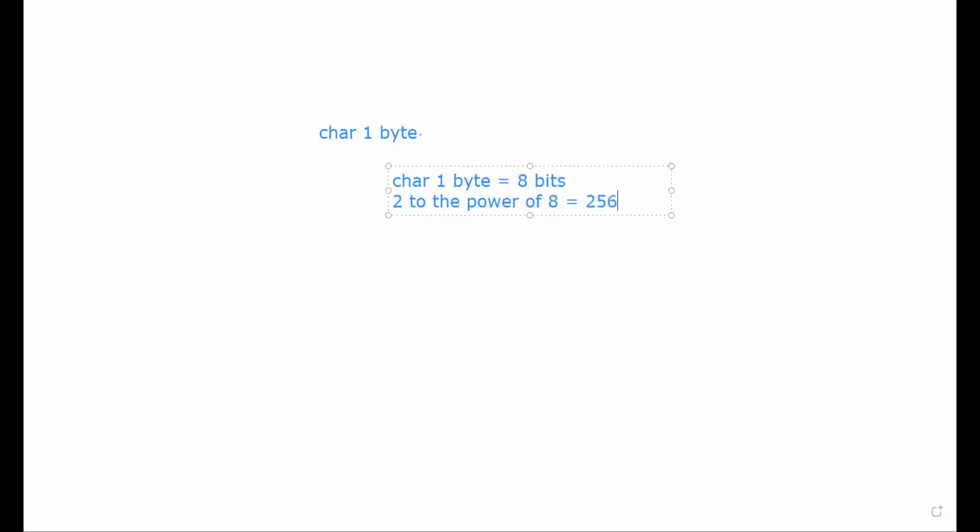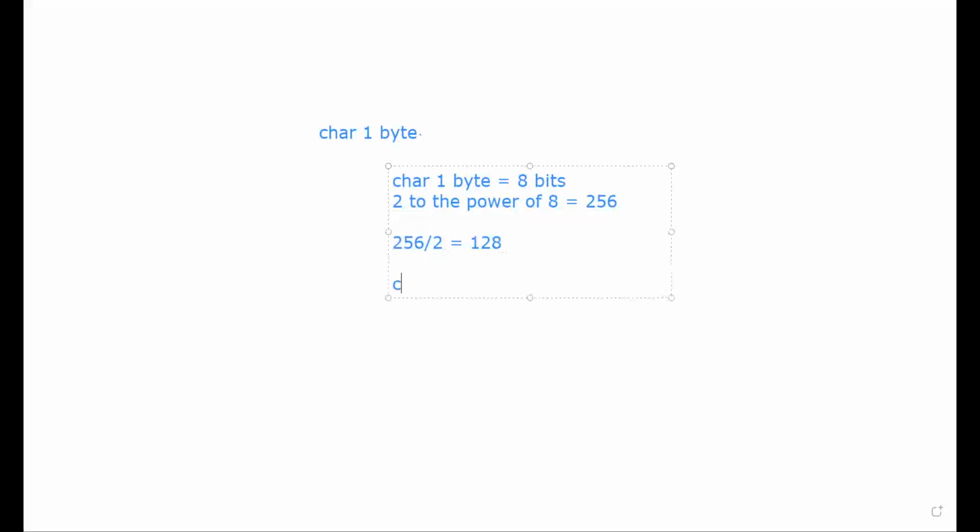2 to the power 8 is actually 256. Now 256 divided by 2 is 128. Just note, 128.